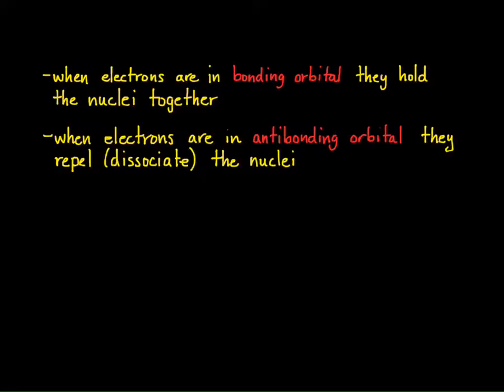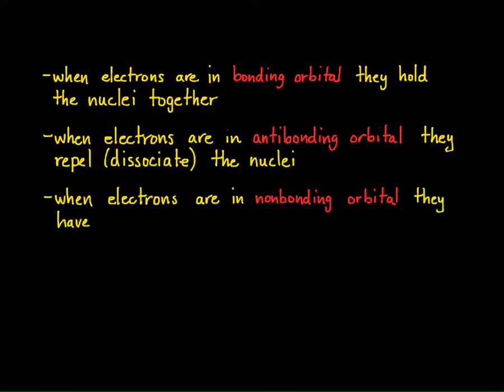There is another type of orbital, and that's called a non-bonding orbital. And we'll look at examples of this in the future. But whenever there are electrons in non-bonding orbitals, they really have no effect either way. They don't hold the nuclei together. They don't repel the nuclei. They're simply there.